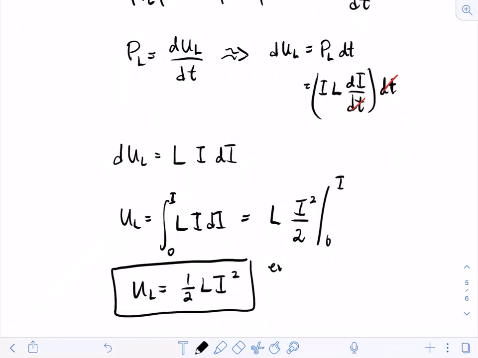So this is the energy stored in the magnetic field of an inductor or a solenoid.